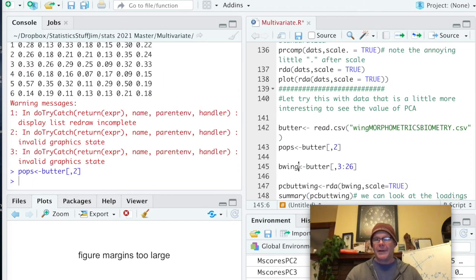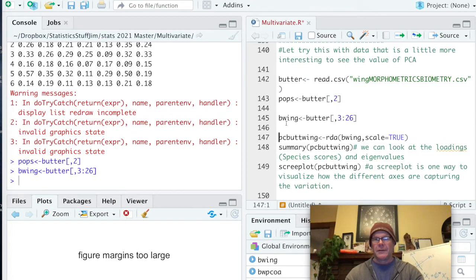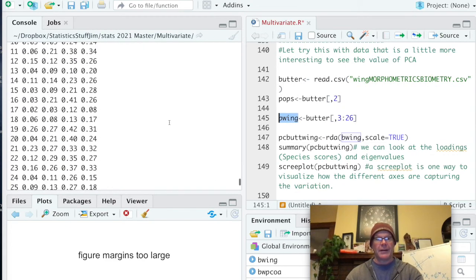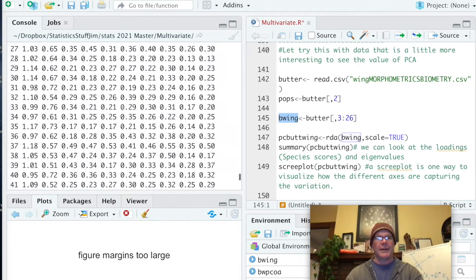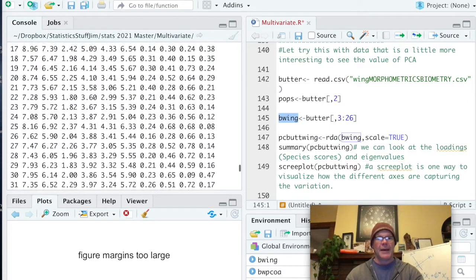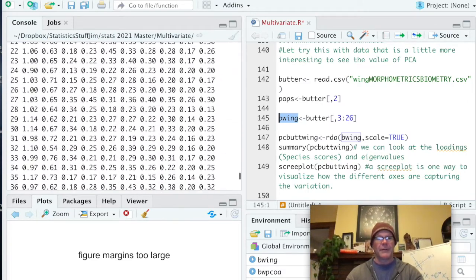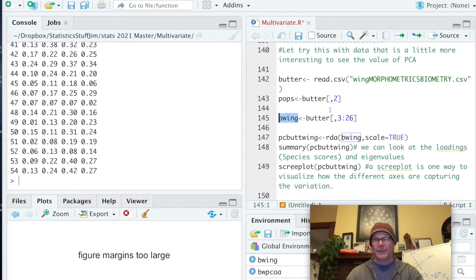And then I'm going to create another object called B-wing, which is going to be columns 3 through 26, which is all the rest of the data, basically. So now we have all of our data, right? It's going to go all the way up to X11, and it's just the numeric data, and that's a lot of information from all of those handsome little butterflies.